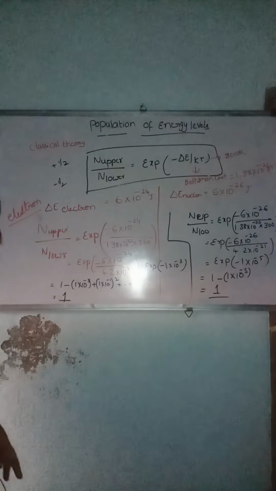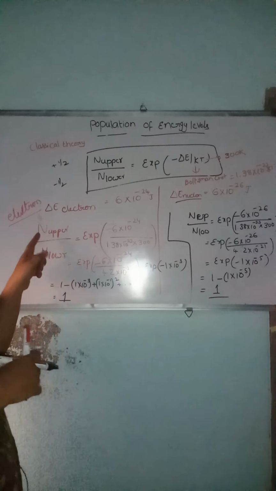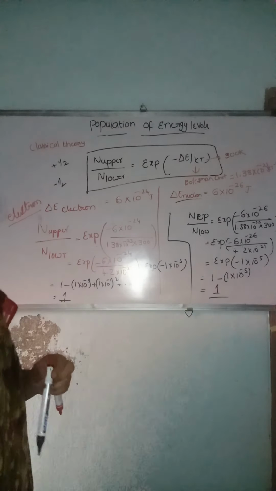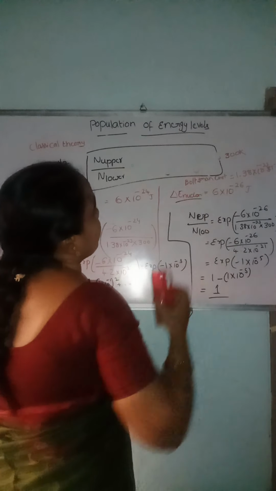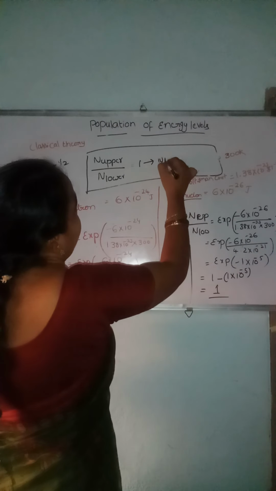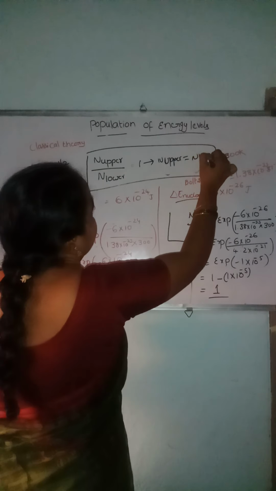So in both the cases, for electron and the nucleus, N upper by N lower is equal to 1. So what does it mean? If N upper by N lower is equal to 1, it means N upper is equal to N lower.